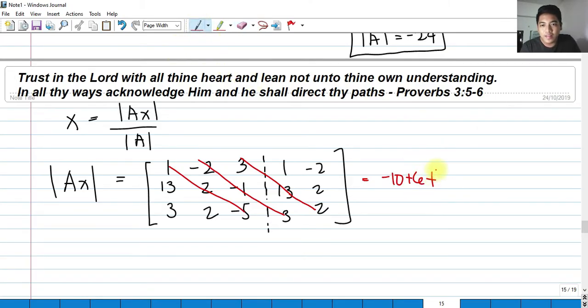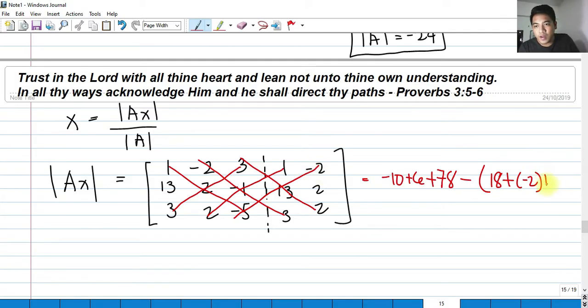So 78, and then minus the other diagonal, 3 times 2 is 6 times 3 is 18, plus 2 times negative 1 is negative 2 times 1 is still negative 2, and we have negative 5 times negative 2 is 10, times 13 is 130 here.